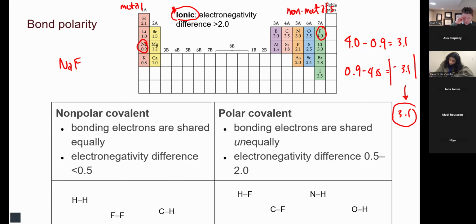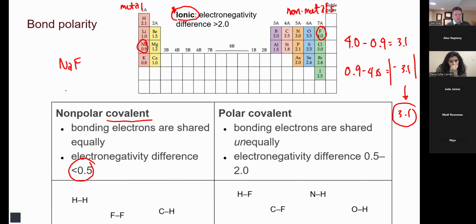Now, for our others, we have a nonpolar covalent bond and a polar covalent bond. A nonpolar covalent bond is where the electronegativity difference is less than 0.5. But what if it's 0.5? Then that is not a nonpolar covalent bond. That would be a polar covalent bond.